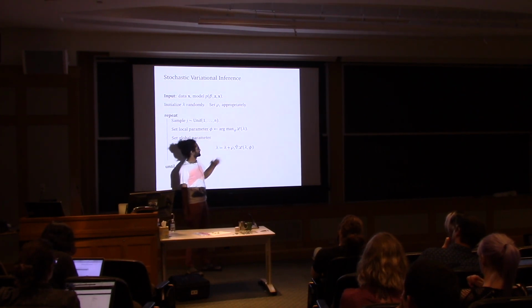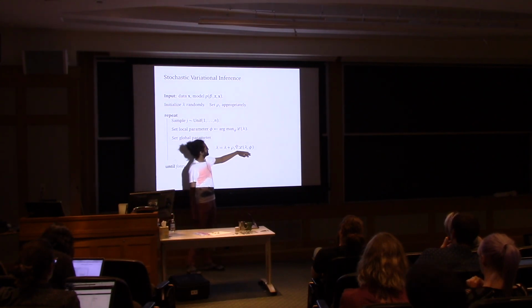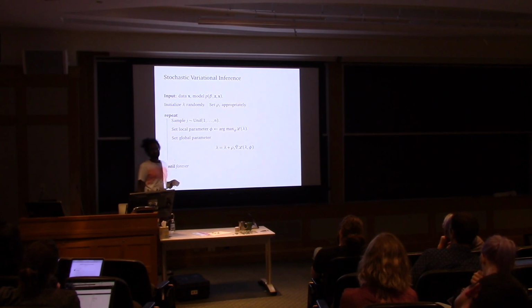That's what this line is. And then set the global parameter based on the derivative using the best local approximation. And then this, instead of using n data points at every step, only needs a single data point to update.